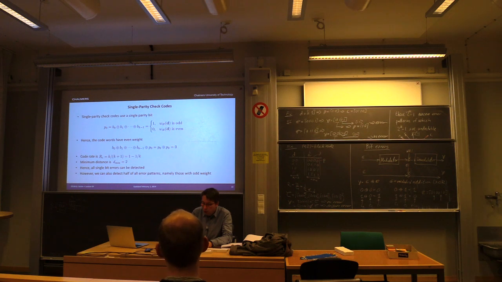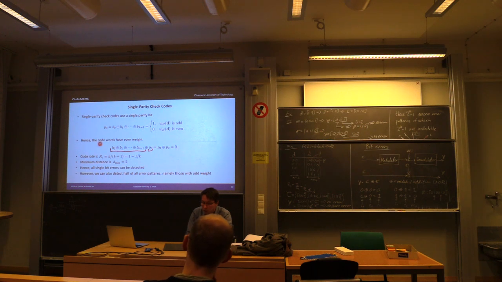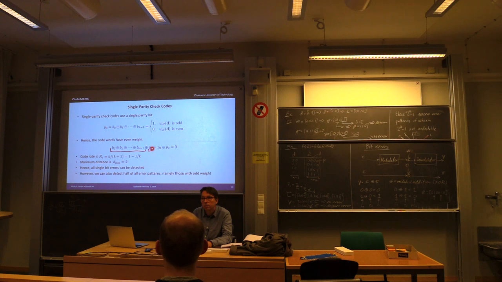And then the code word, what is the code word? Well, the code word consists of the data bits plus the parity bit. And if one thinks about it, the first part will be just the parity bit, so it will be parity bit plus the parity bit, which is equal to 0. Meaning that the code words always have an even number of ones in them.